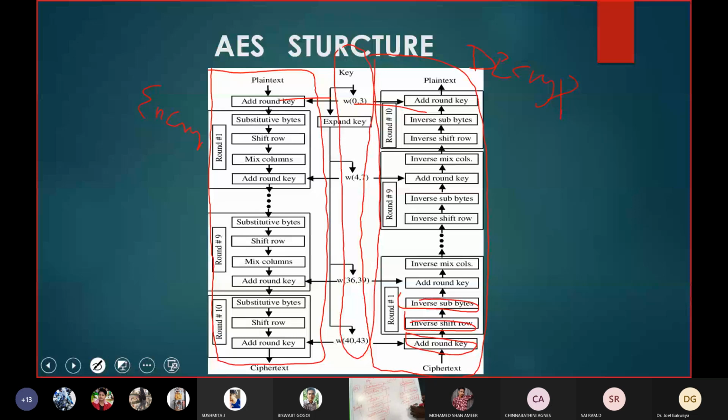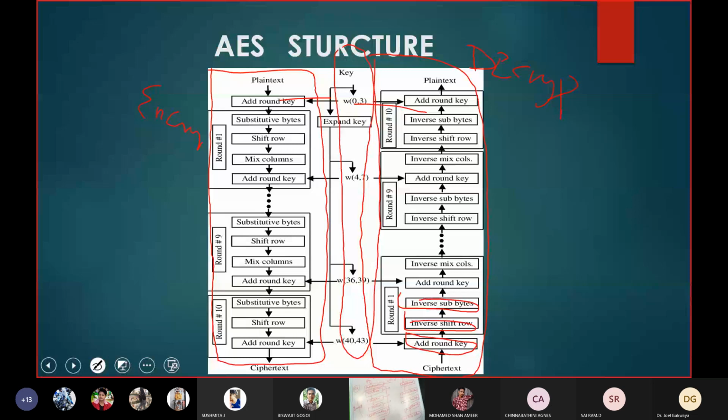The add round key is going to be followed by the inverse mix column. This is known as the last round, starting from the last round.